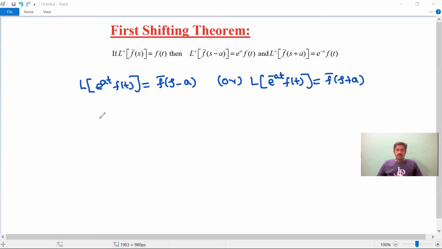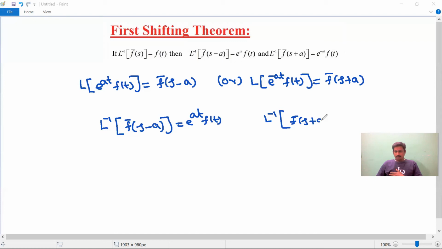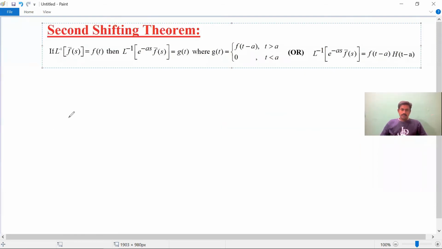From this we can conclude, take L inverse on both sides, or take this L to your right side, and we can write L inverse of f bar of s minus a equals e power at into f of t. Similarly, here we get L inverse of f bar of s plus a equals e power minus at into f of t.